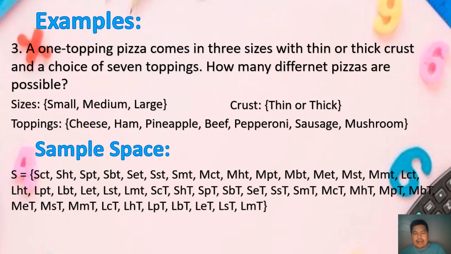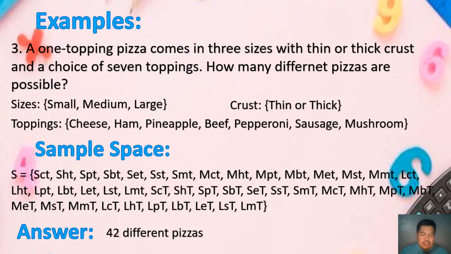As you can see, there are so many. The S in SCT stands for small, the C stands for cheese, and the T stands for thin. The rest follow the same pattern, with ham, pineapple, beef, pepperoni, sausage, mushroom at size small and thin crust, and likewise for medium and large. When we get here, it's small with cheese and a thick crust. If you multiply all of that, you will have 42 different pizzas.